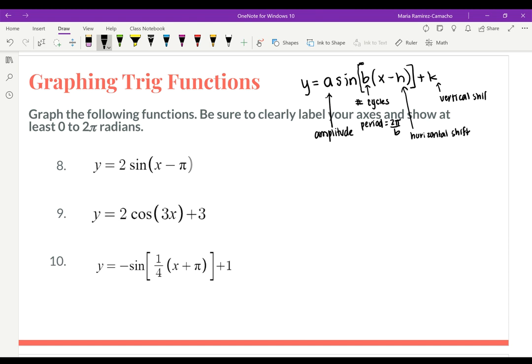We also call this the midline. And we need all of these components to be able to graph.